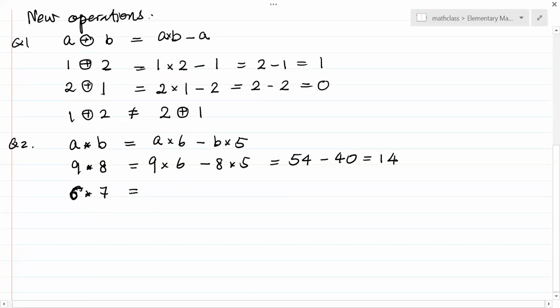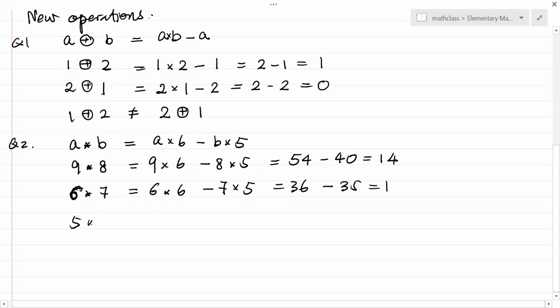Can you work out 6 star 7 using the above defined operation? This is 6 times 6, right? In the place of B, it's 7 times 5. So 36 minus 35, which is what? Got it?